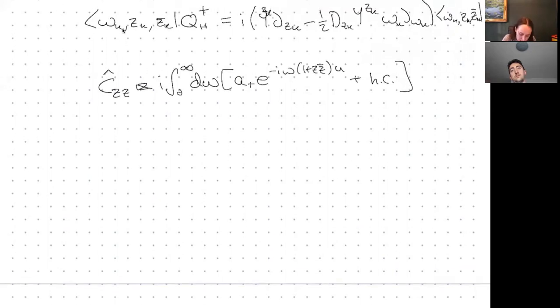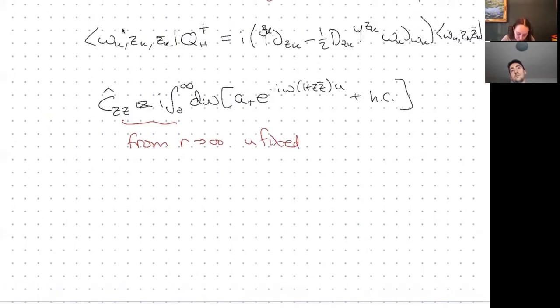Essentially what's happening here is that at the stage of just doing the large R approximation, so this is coming from the large R limit. So this is from R goes to infinity, U fixed. So because I took that limit, I landed myself on basically the direction on the night sky. So the direction at null infinity of this momentum is matched, but I still have this omega integral.